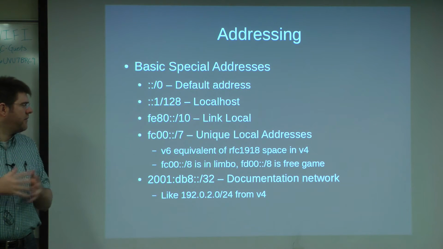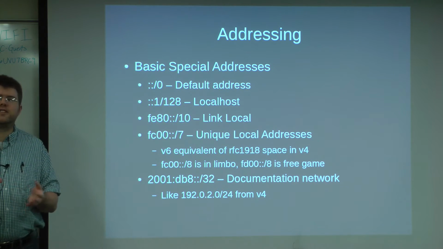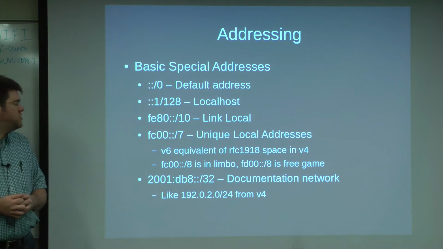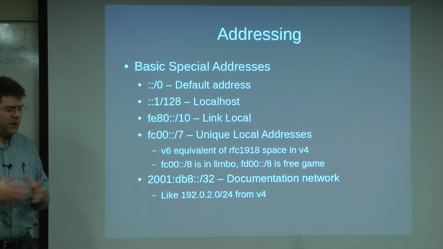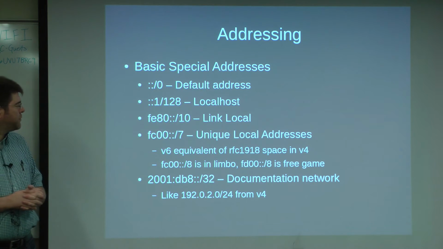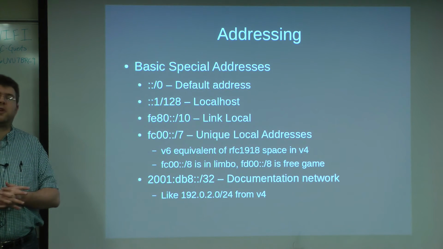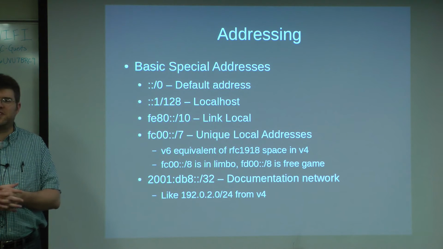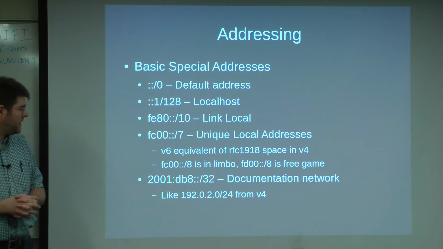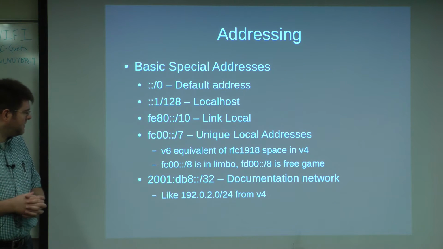There are a number of RFCs around using that address space. In one of them, it actually gives you an algorithm you should use to generate what network you should use inside of there. That's kind of fun to go through. I actually used it at a previous job to generate a v6 network range for us to use internally on the company network. And then it never got implemented.